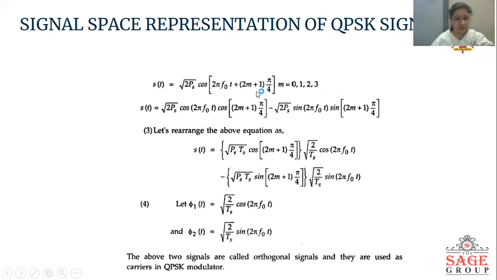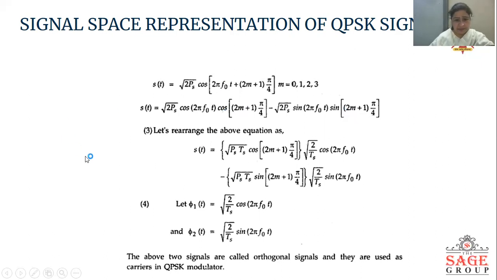When m is equal to 0, we get the first symbol; 1 gives the second symbol; 2 gives the third symbol; and 3 gives the fourth symbol. Now, using the trigonometric function, this becomes root PS cos 2 pi f naught t cos (2m plus 1) pi by 4 minus root PS sin 2 pi f naught t sin (2m plus 1) pi by 4.